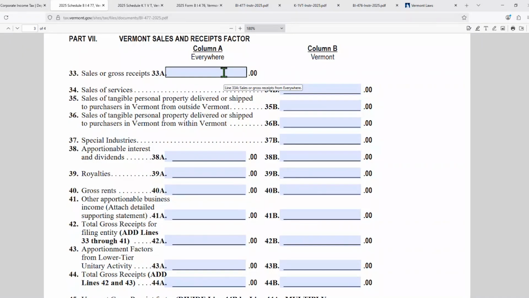So you're recharacterizing it from our default classification as non-apportionable, making it apportionable, so then you're going to source it properly. What probably shouldn't happen is including lots of numbers in the apportionment factor in Part 7 that are not also in Part 3, which are the apportionable income.